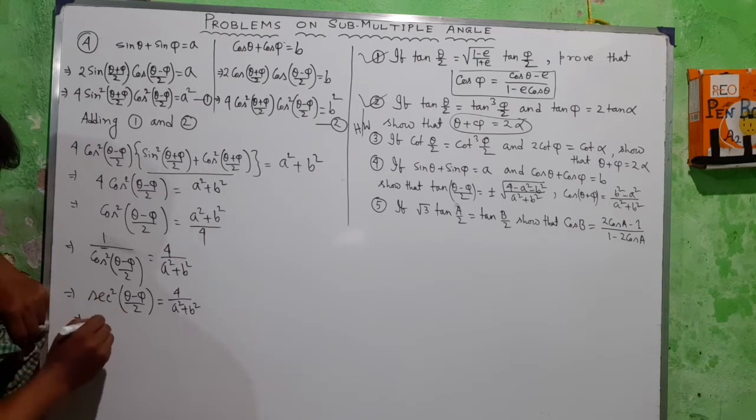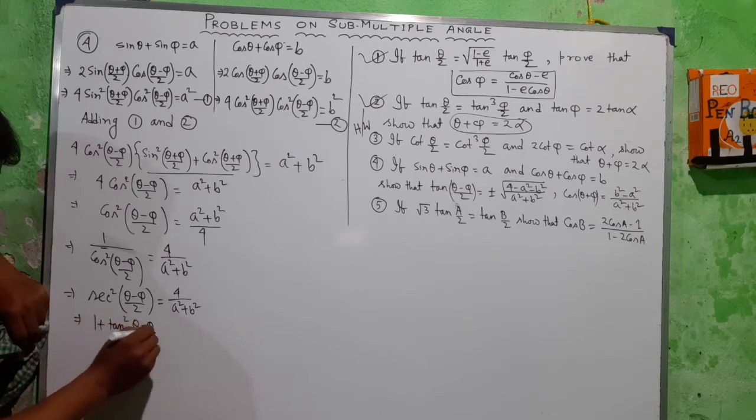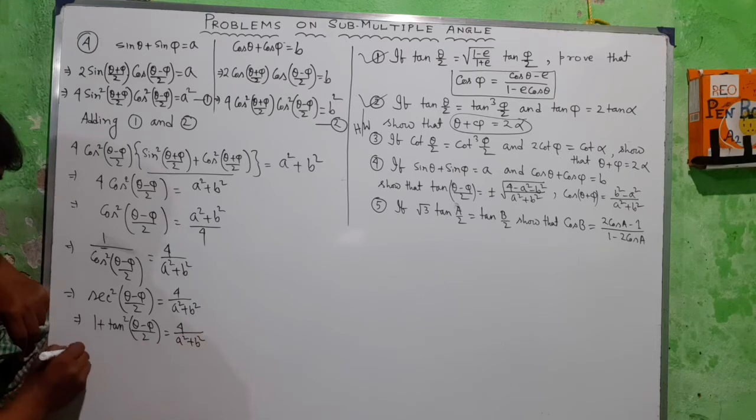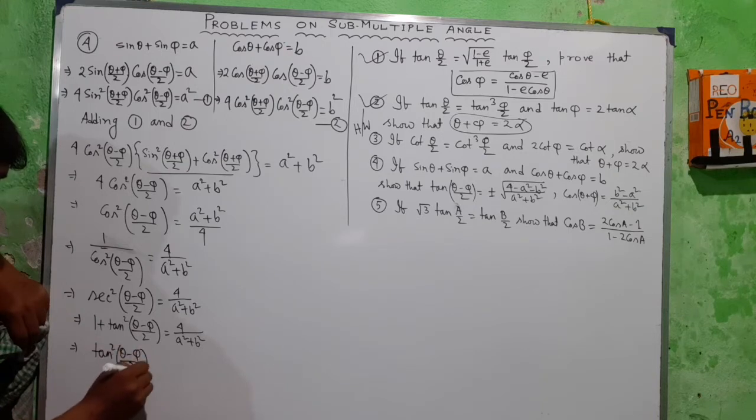So we can write 1 plus tan square (theta minus phi)/2 equals 4 by (a square plus b square). So tan square (theta minus phi)/2 equals 4 by (a square plus b square) minus 1.